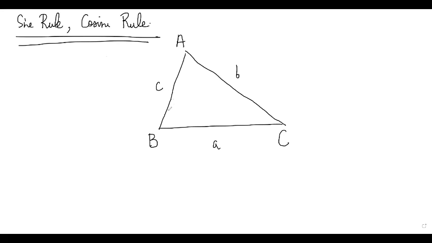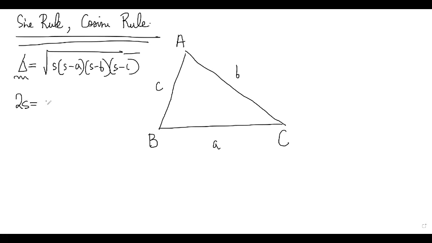Okay, so what I want to do first before going ahead is look at some basic things. Area of a triangle, Heron's formula, everyone knows: root of S(S minus A)(S minus B)(S minus C). Here S is the semi-perimeter, 2S is equal to A plus B plus C, right?